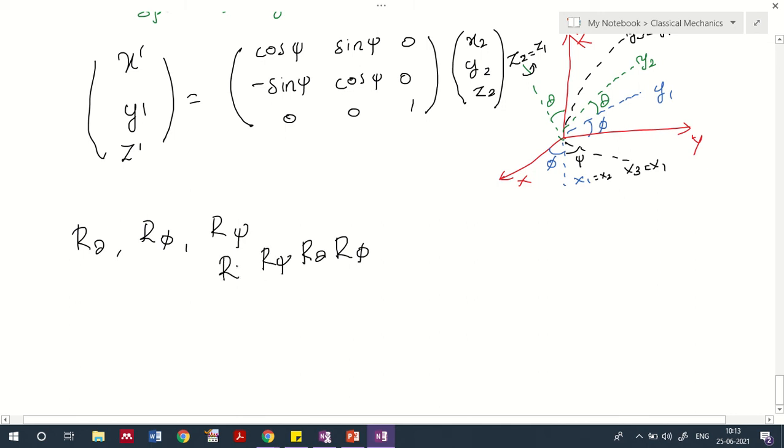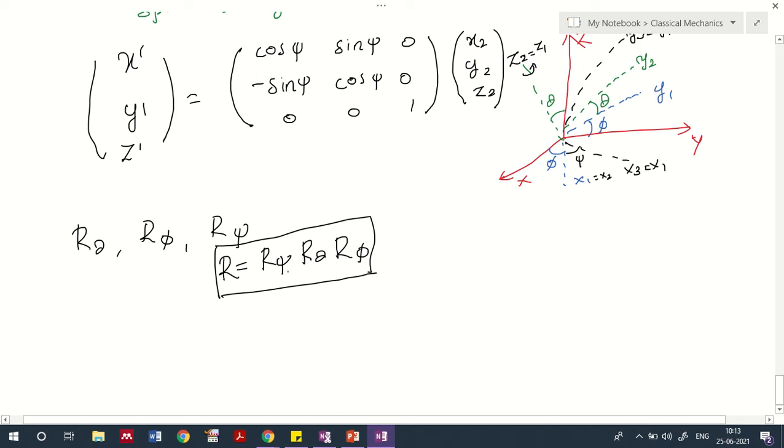When you represent the 3 successive rotations, we represent them like this, because the first step was by an angle phi, but when you write it in operation, you have to keep it at the last one here.